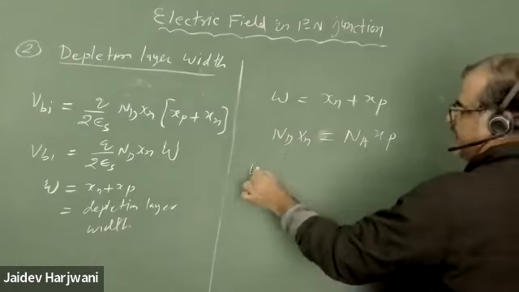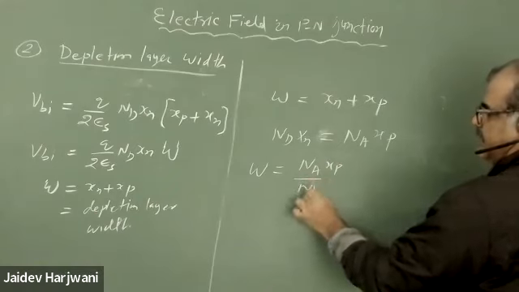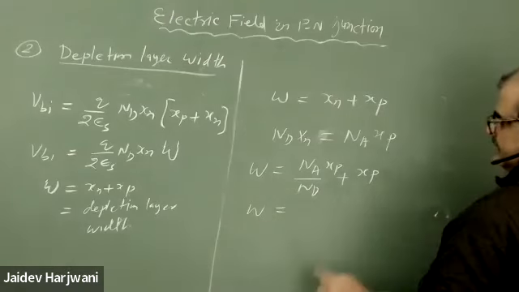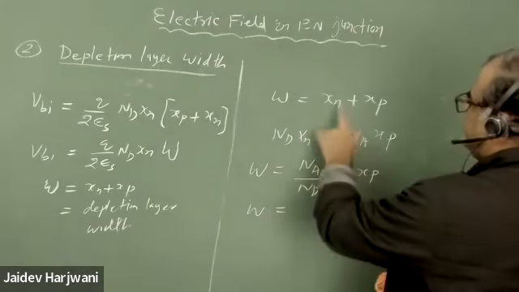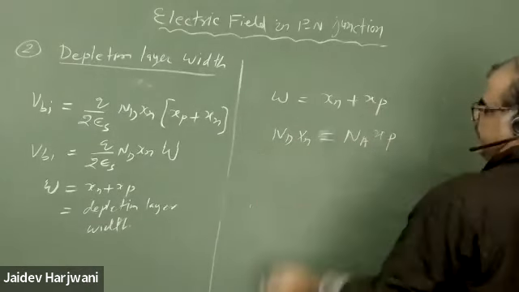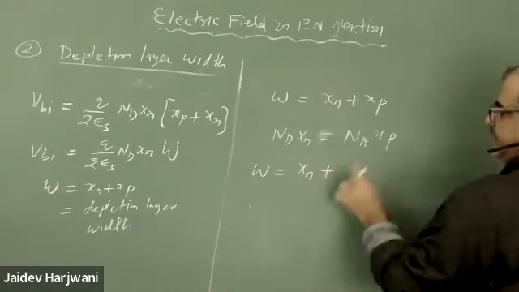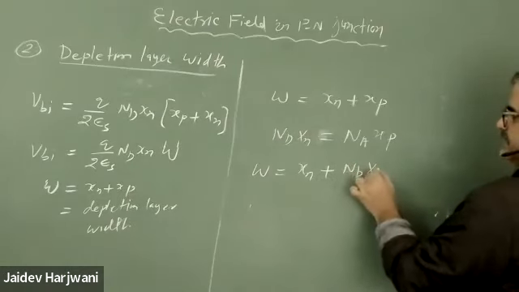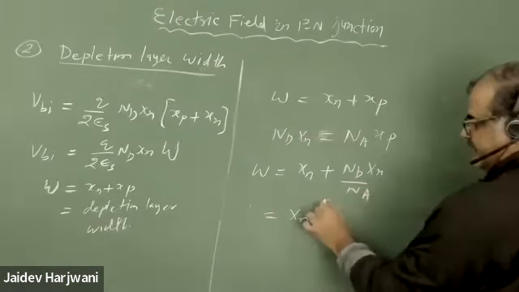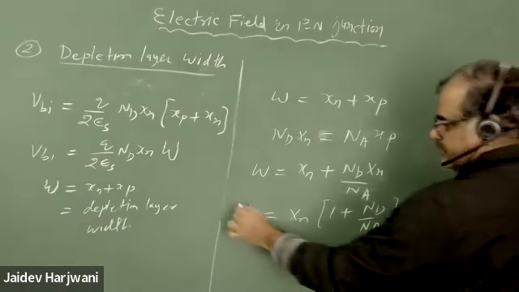So xn value I can write as na xp upon nd plus xp. I'm replacing this xn in terms of W, so I have to remove xp. So I can write W, xp equals nd xn upon na. So W will become 1 plus nd upon na times xn.